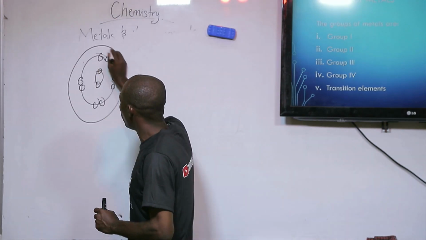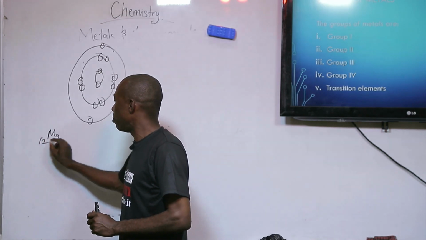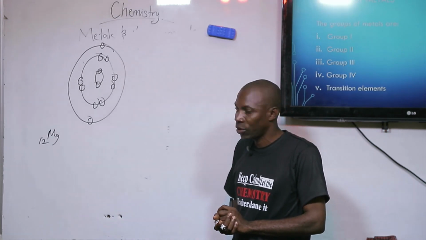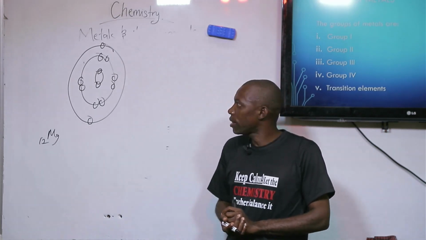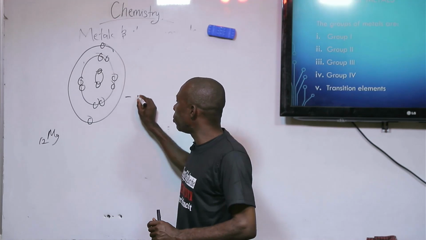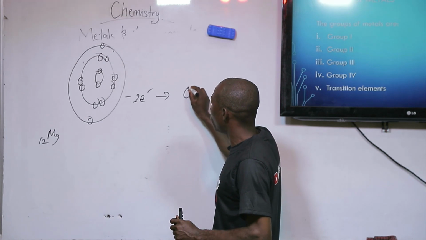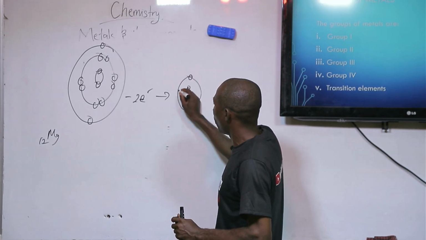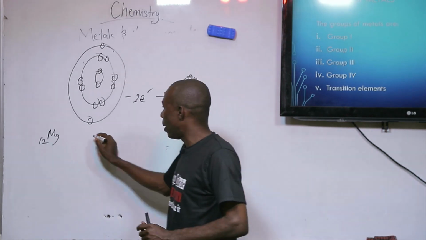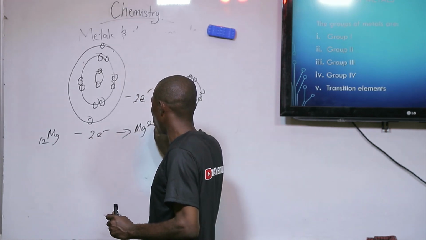And the remaining 2 will be the outermost electron, which is the valence what? Electron. What is the valency of magnesium? 2. And when it loses those 2 electrons, the outermost shell is going to become empty. So you see that magnesium will lose 2 electrons and become what?